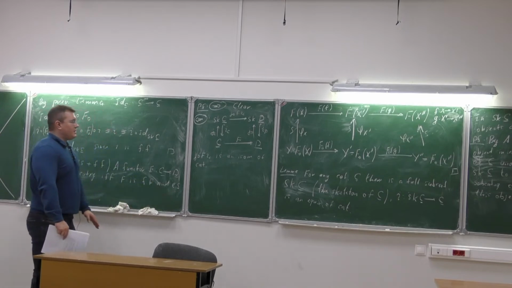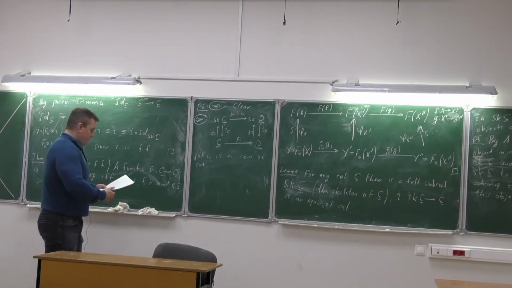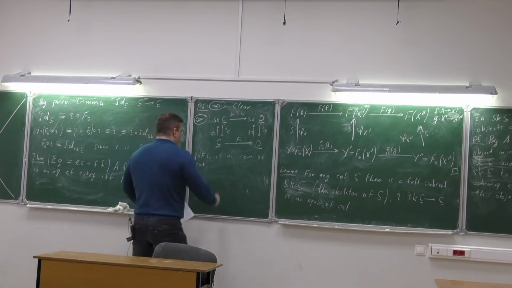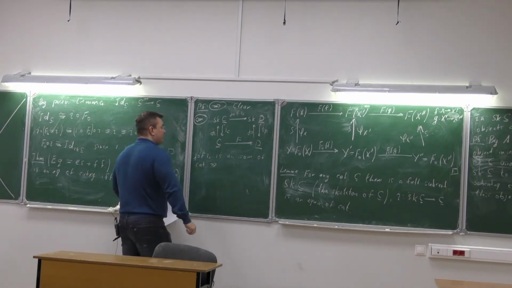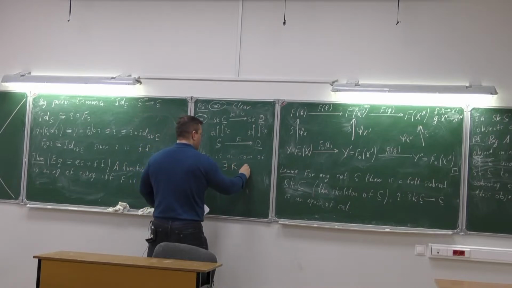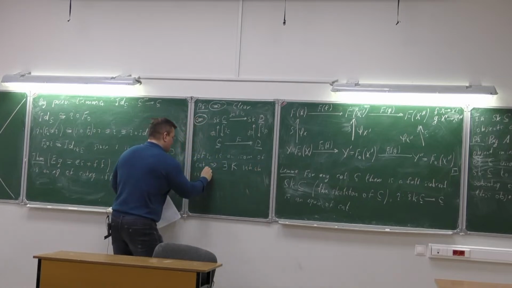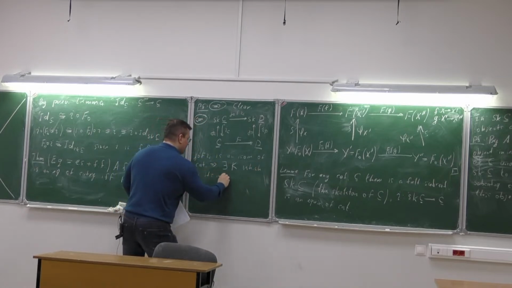So if I go to the skeleton, it will be a bijection of the objects in the skeleton of the category. So this is an isomorphism of categories. So if this is an isomorphism, there is a functor, let me call it K, which is its inverse.